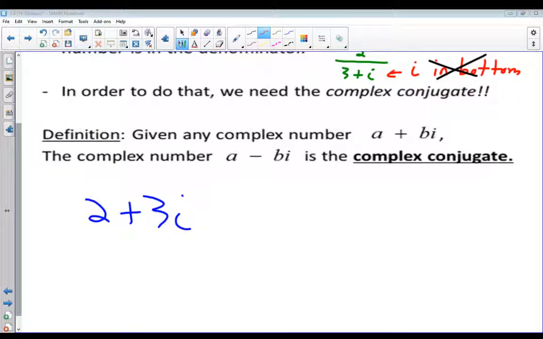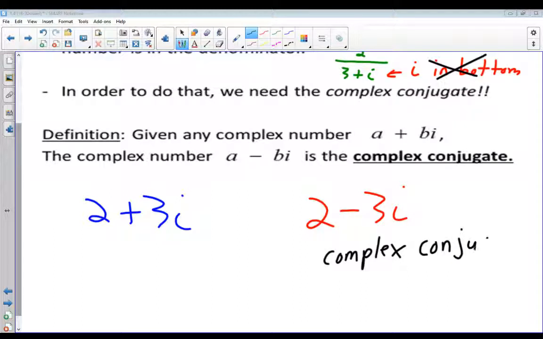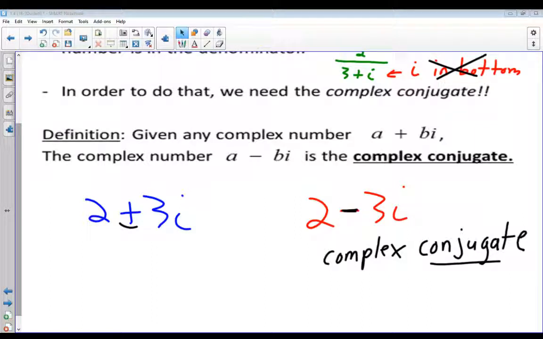And what if instead of a plus, you changed it so that it was a minus? Anytime you do that, you have just made a complex conjugate. Basically, anytime you have a sign and you change it to its opposite, that's the conjugate.